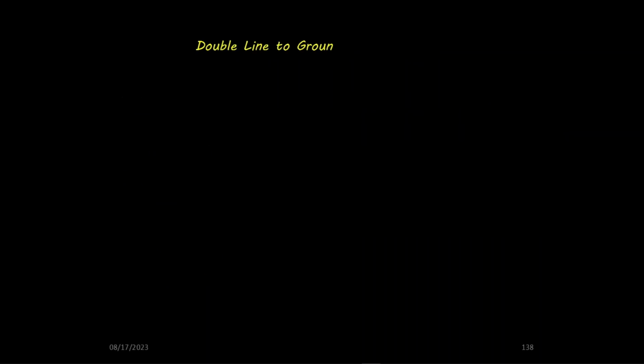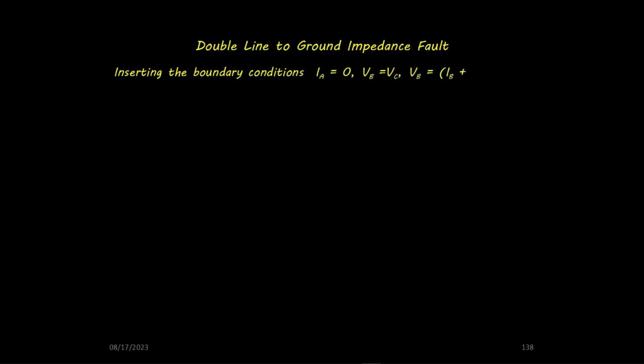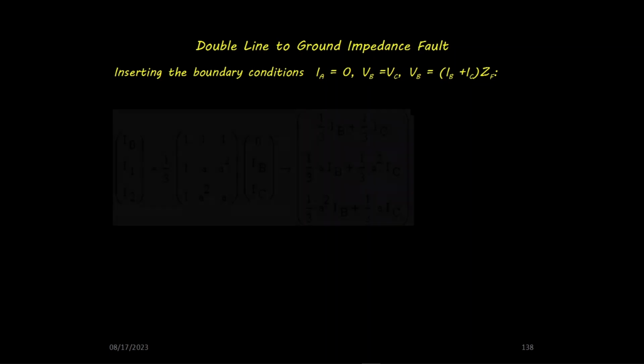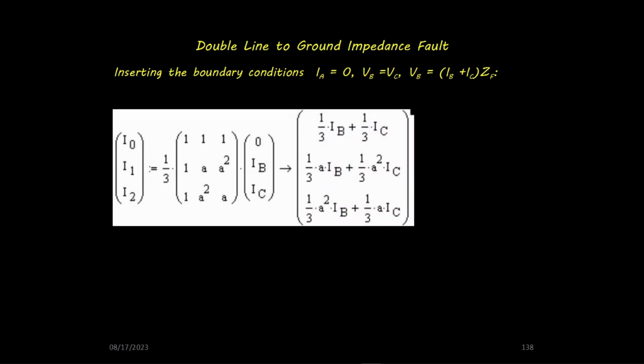Next we look at the double line to ground fault through an impedance. Inserting the boundary conditions, IA equals 0. VB equals VC. VB equals the quantity IB plus IC, times ZF. We get the following equations.